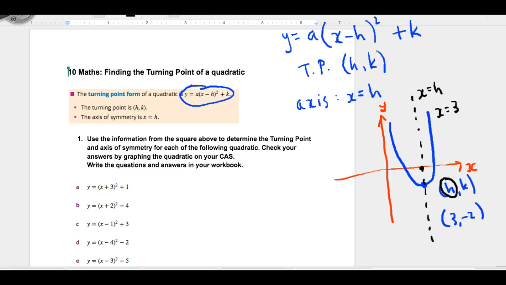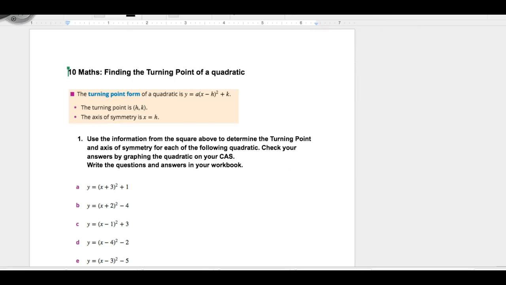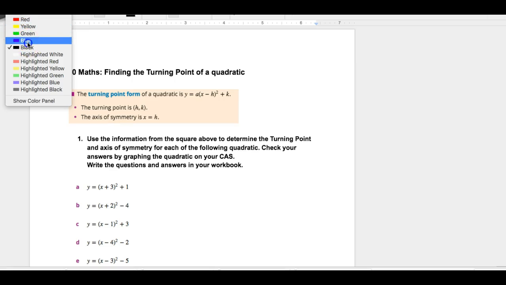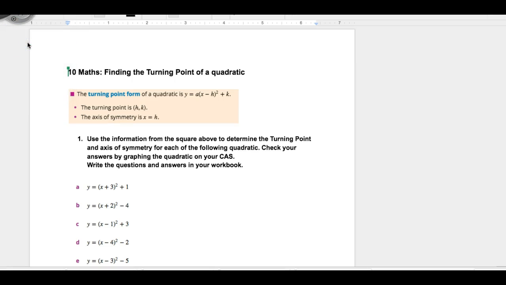Okay, so let's clear all that. Now, you can only read those points when it is in turning point form. So if you remember back to when we did linear equations, when you had y equals mx plus c, that allowed us to see the gradient and also the y-intercept.